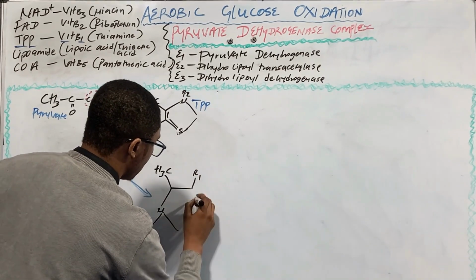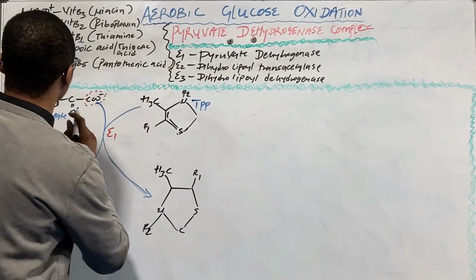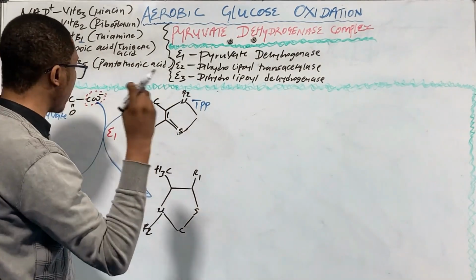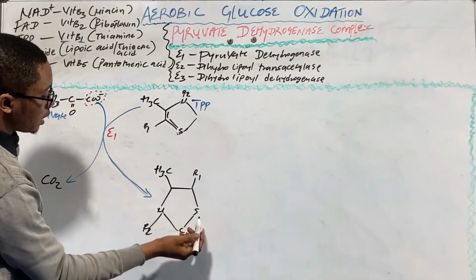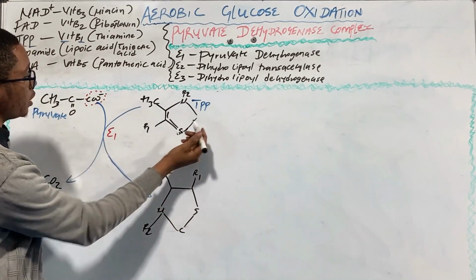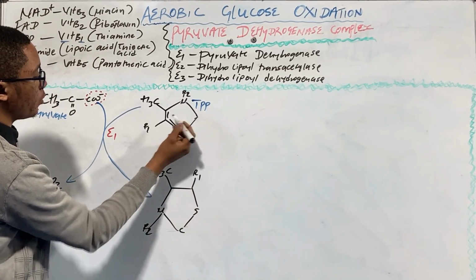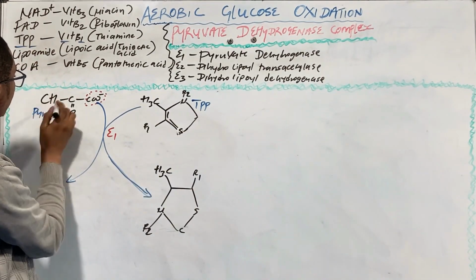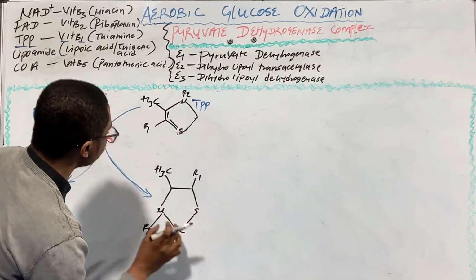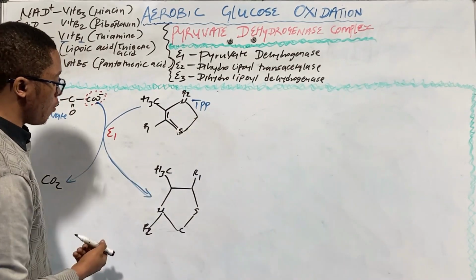Remember, I said a hydrogen is added to this part too, which means this carbon here. Remember, there's a carbon in this part, though it's not stated here, but there's always a carbon. Now this pyruvate structure comes here and attaches to this carbon of thiamine pyrophosphate.